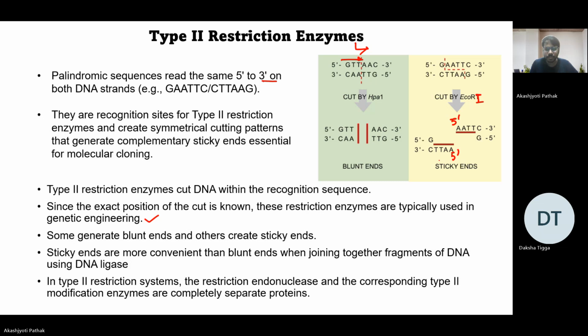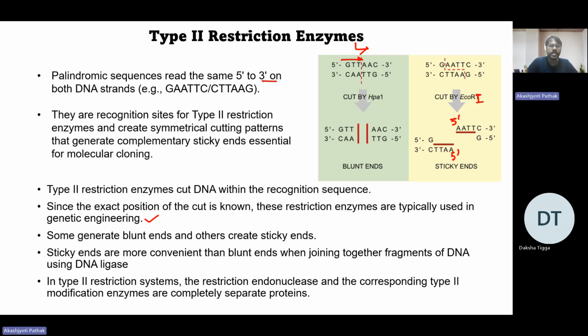Because of this tendency of complementary base pairing. So if your vector also has the complementary bases, then your vector and your gene of interest will come together, and then by using DNA ligase we can ligate the two DNA molecules.